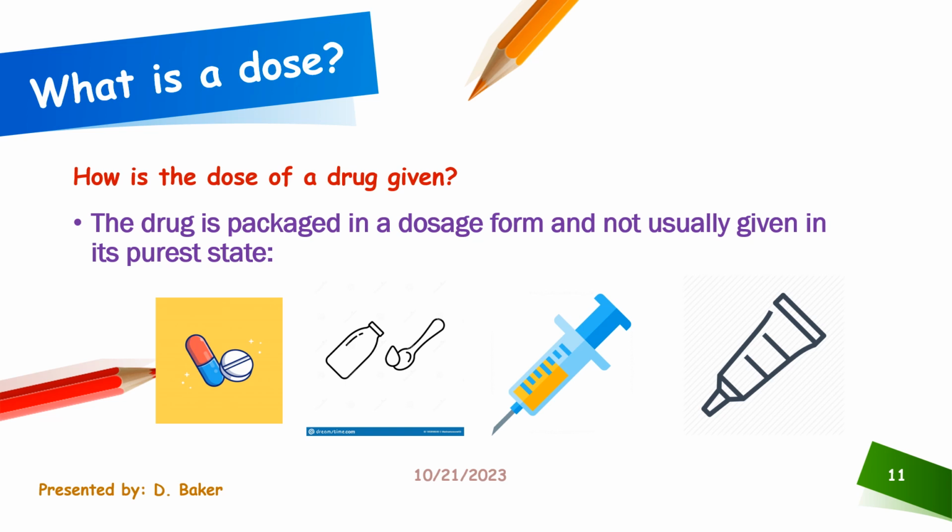For example, in a capsule or a tablet, the active ingredient may be mixed with pharmaceutical excipients. So you have the active drug, which is the ingredient in the dosage form that is going to elicit the therapeutic effect, while you will also have other inactive ingredients.